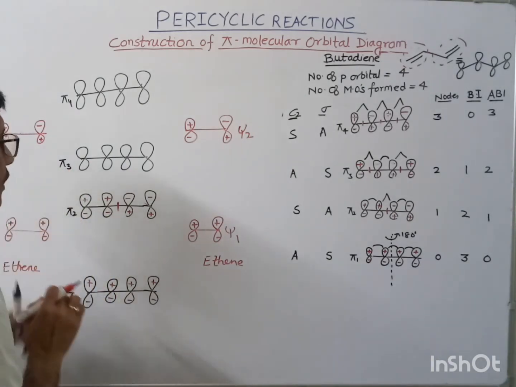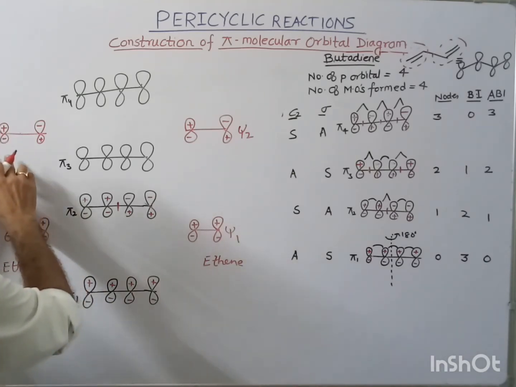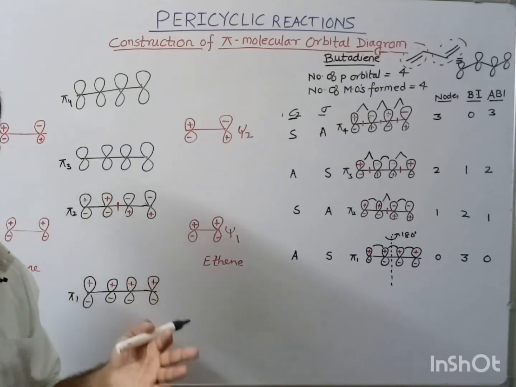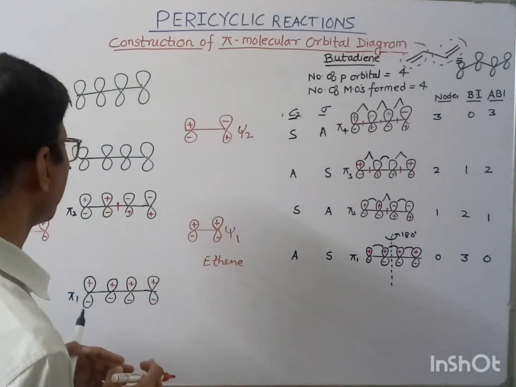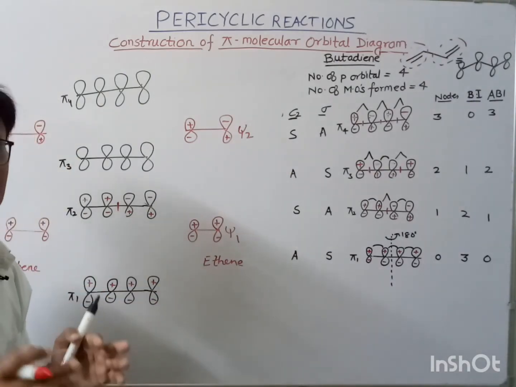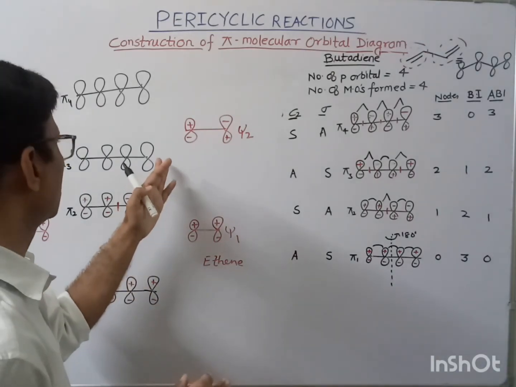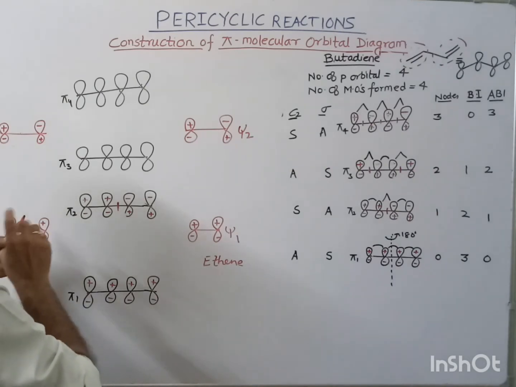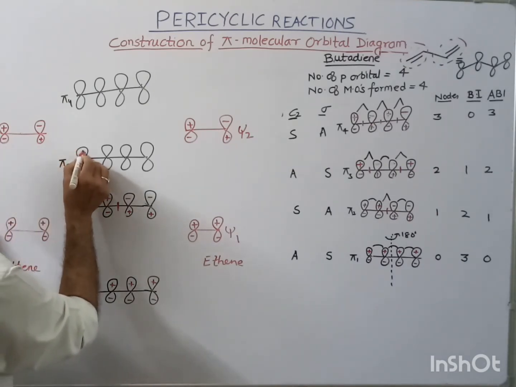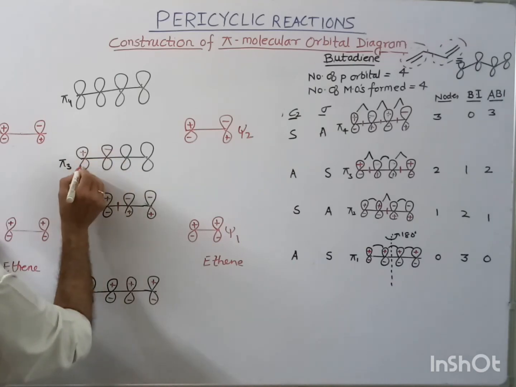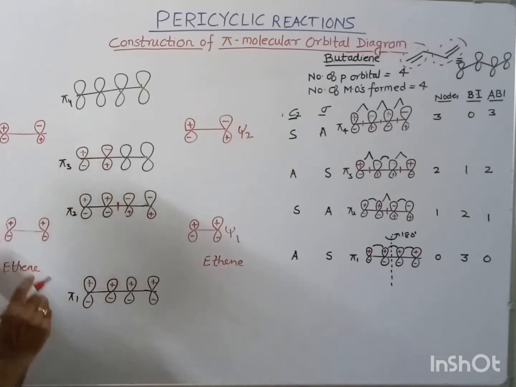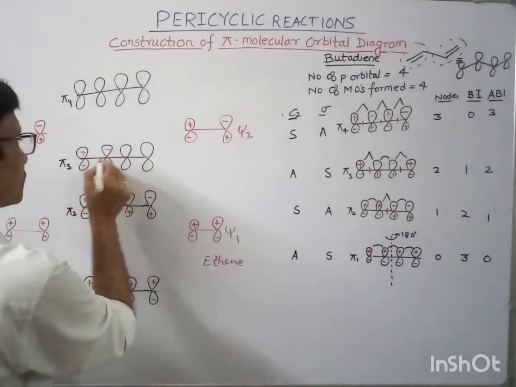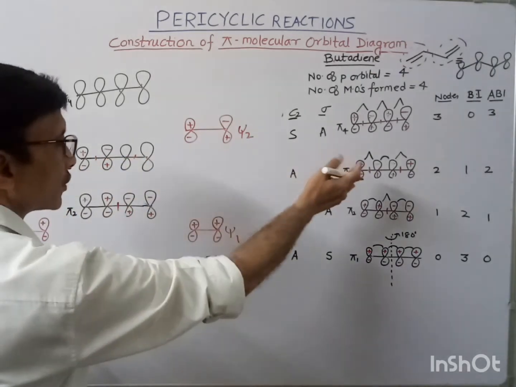Now pi3 can be found by the combination of these two, either constructive overlap or destructive overlap. Only 2 nodes should be present. So how can we get 2 nodes? For this, plus, plus, plus, minus, this is ethene, and we should get 2 nodes, and plus, minus, here 1 node, here 1 node, as you can see.